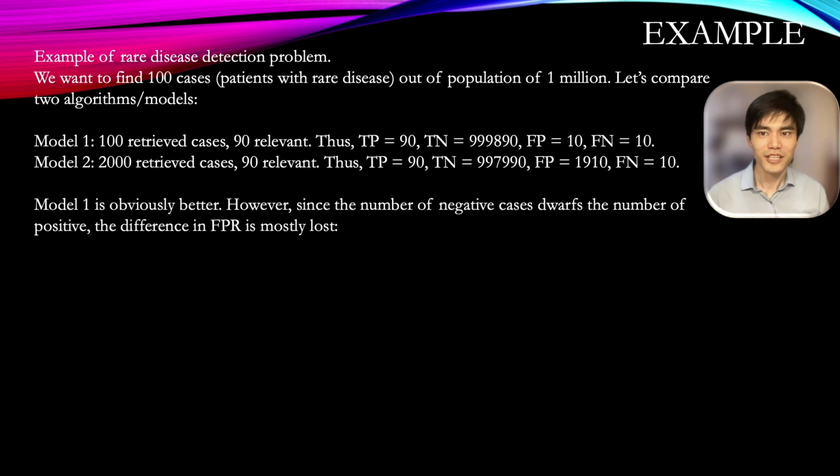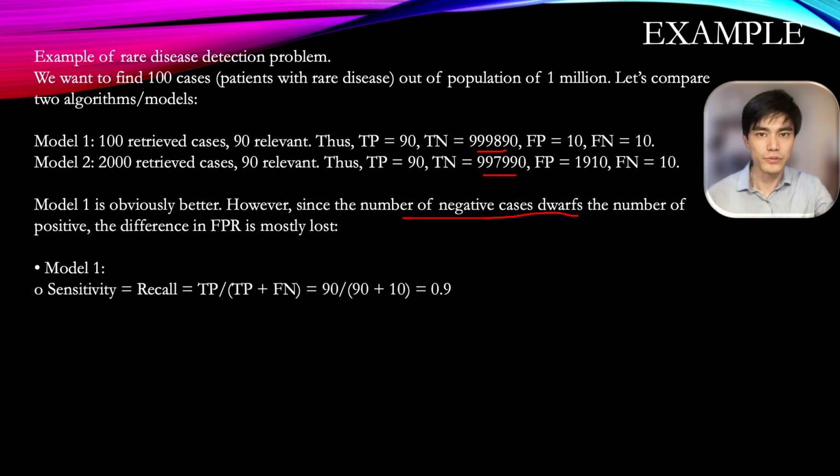So obviously, Model 1 did much better because it retrieved only 100 cases and still 90 were relevant, versus Model 2, which retrieved 2,000 cases with the same 90 relevant cases. However, since the number of negative cases dwarfs the number of positives, the difference in FPR is mostly lost. This number is so big for the negative cases.